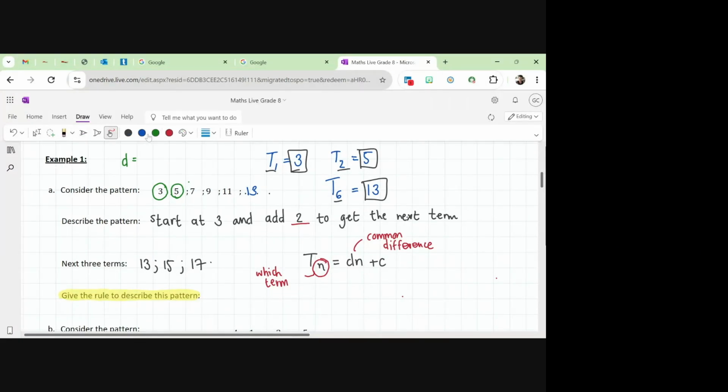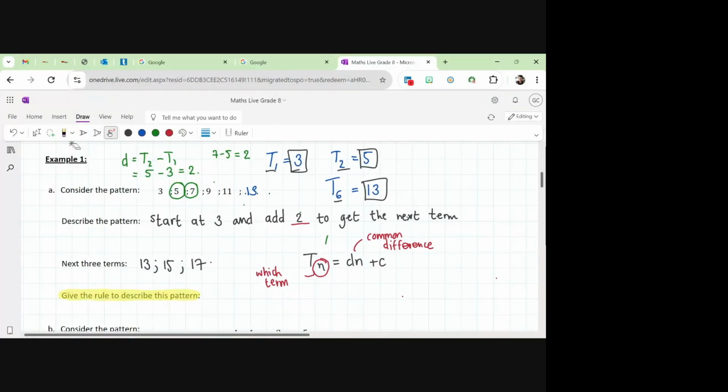So when I look for the difference, I'm going to take my second term, T2, and I'm going to minus my first term, T1. That would give me 5 minus 3, which equals 2. That's my difference. Now, if I took the third term, T3, minus the second term, T2, I would get 7 minus 5, and my answer would still be 2.